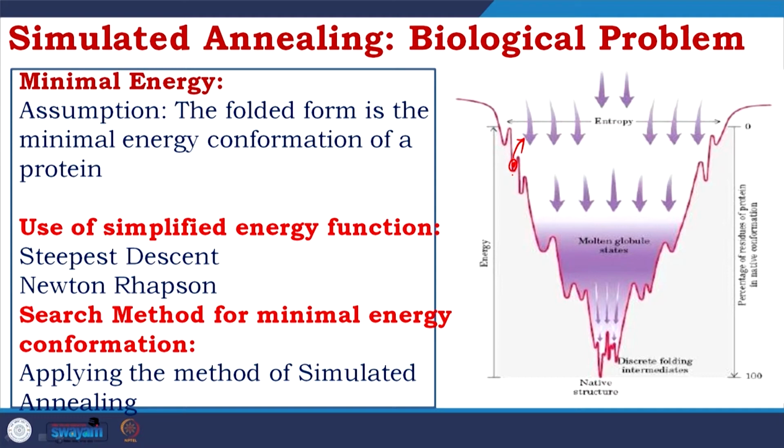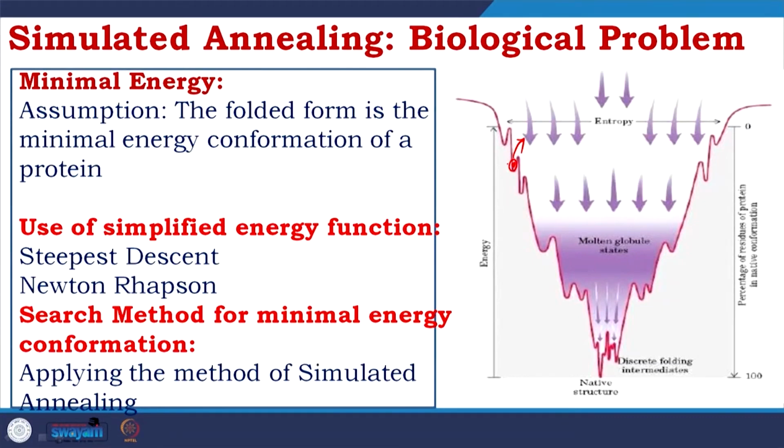So, what simulated annealing does, it works by developing a random number between 0 to 1, which will help, first of all, provide thermal energy, so that everything which is here, here, here, they all go up to a certain energy level.